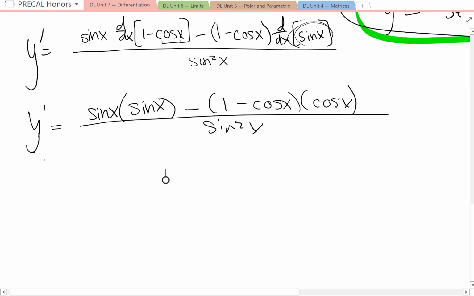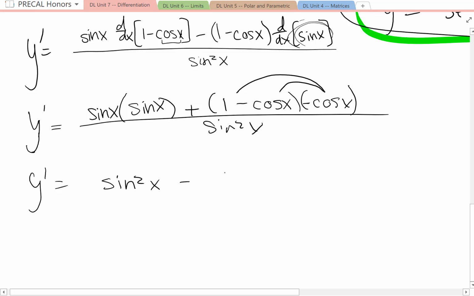And then I will simplify, see if I can combine any like terms. Sine squared x. I'm going to put this negative in front of that cosine, and then distribute the negative cosine.